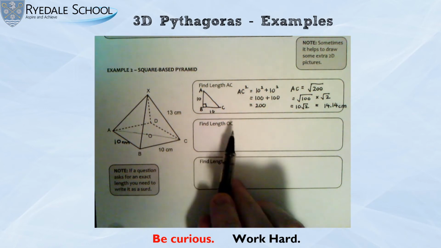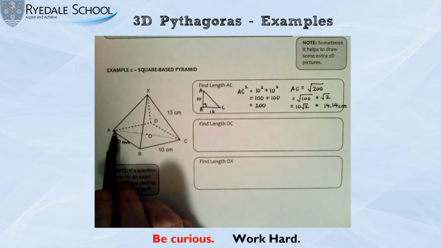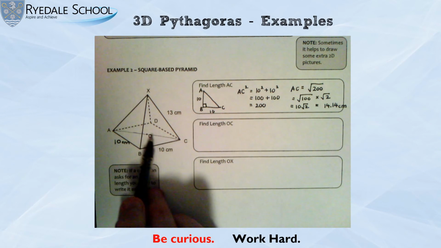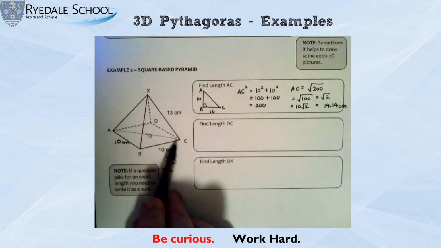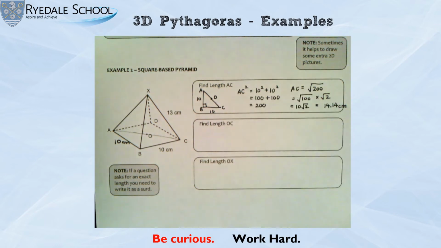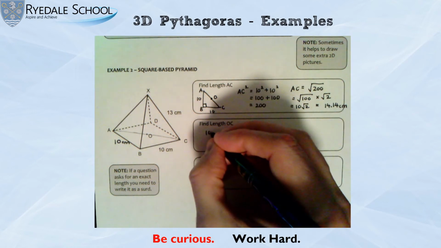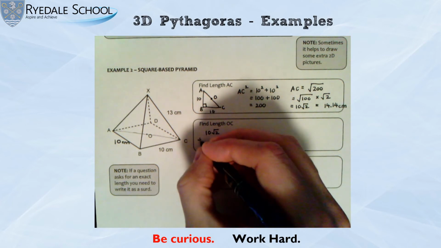Next thing that we've been asked to do is find the length of OC. So we've just worked out AC, and now we're working out OC. Well, I'd hope you notice that OC is just half the length of AC. So if we know it is 10 root 2, I'll do it as a surd first. We just need to divide that by 2.